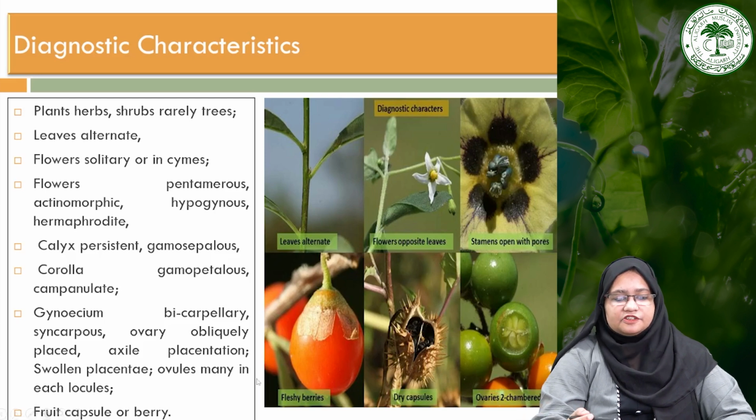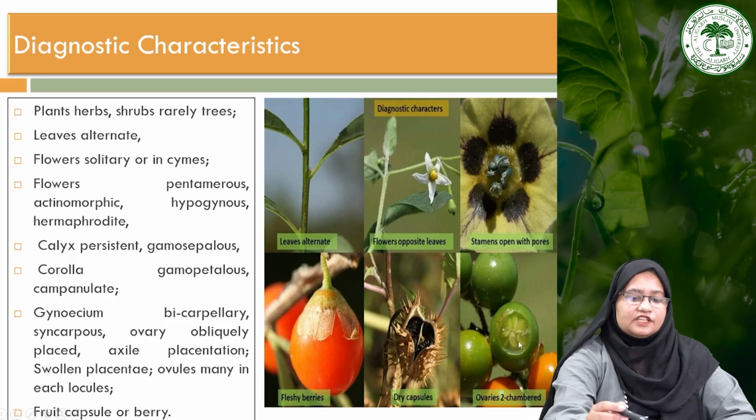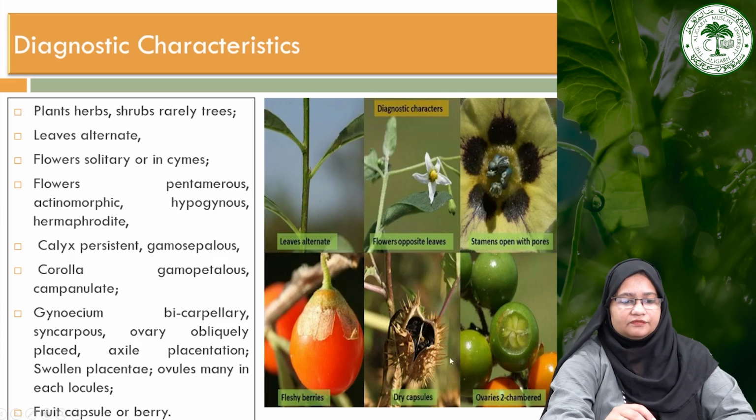Now, the next figure shown here is the twig and the floral diagrams of Coccinia grandis, which is one of the most common plants in Indian gardens. This one is the male flowering twig and this one is the female flowering twig.